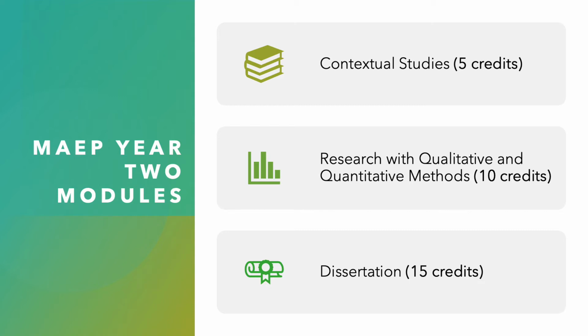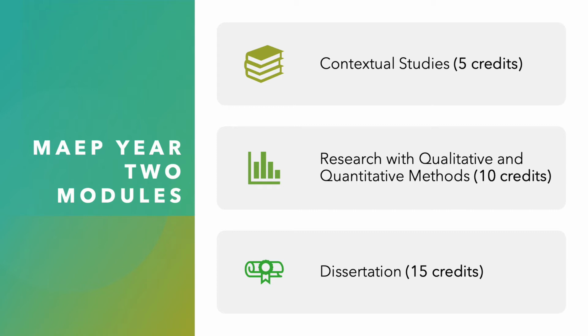So to give you the skills to use in your dissertation to develop a literature review chapter, we have the module Contextual Studies. And the module combining qualitative and quantitative methods from a research perspective obviously supports the chapters on developing your research question and identifying the appropriate methodology and methods to carry out your research.